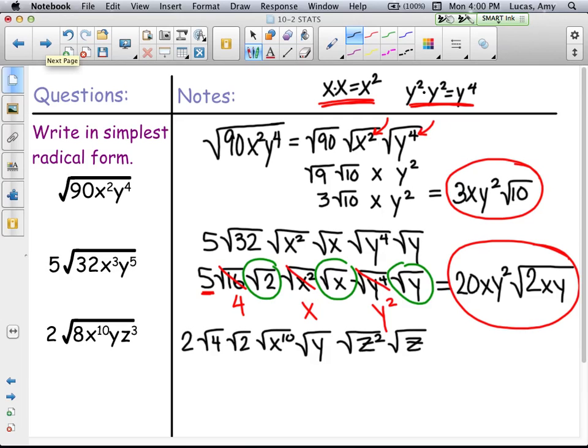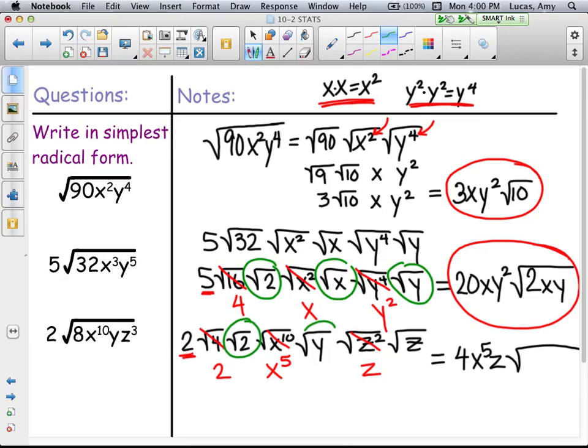So now, perfect squares. 2, x to the 5th, and z. So 3 of them are perfect squares, and the 2 that was out in front. So 2 times 2 is 4, x to the 5th, z, and then under my root, 2y, z. 2y, z for my final answer.